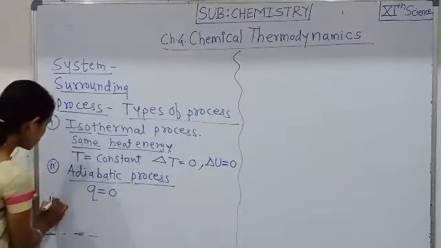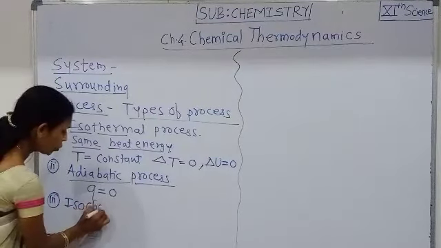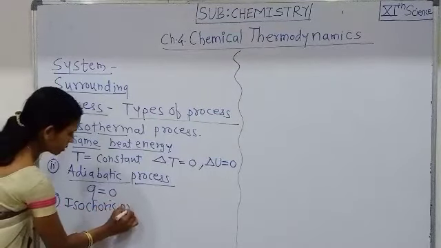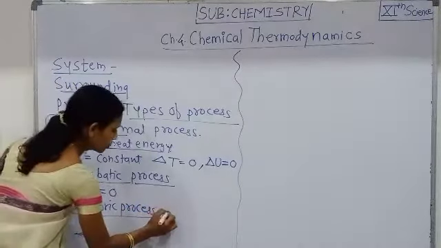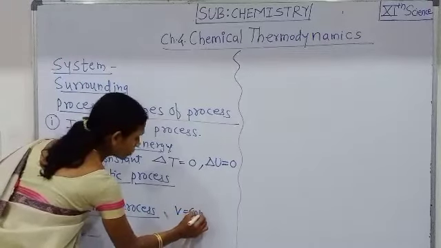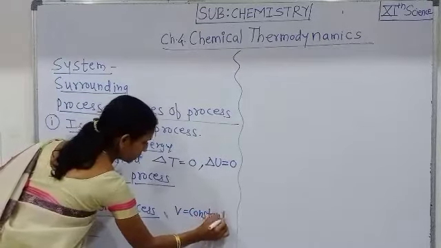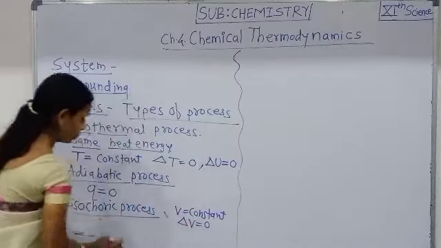Then the third one, the isochoric process. It is a process in which the volume of the system remains constant. That means here delta V is 0.